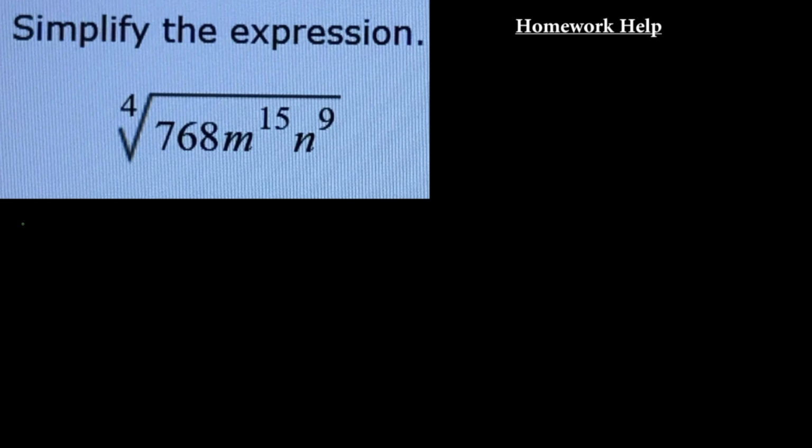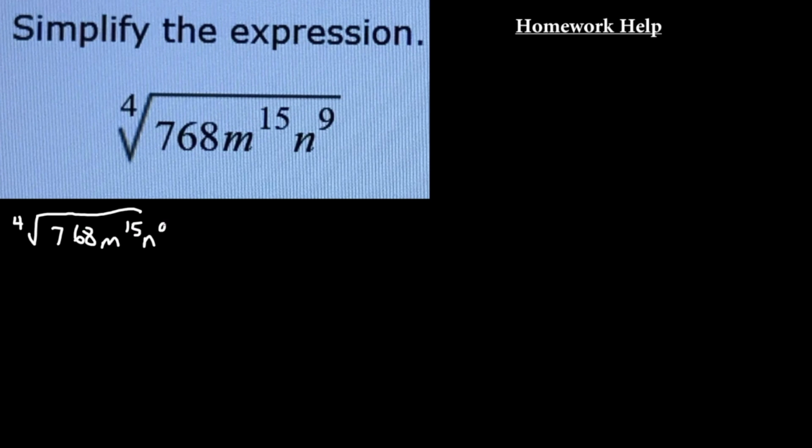Hello. So to solve this problem, we're going to break it into a few parts. First, let's break it down into the 4th root of 768 m to the 15 n to the 9.